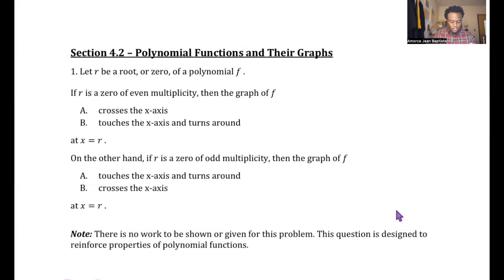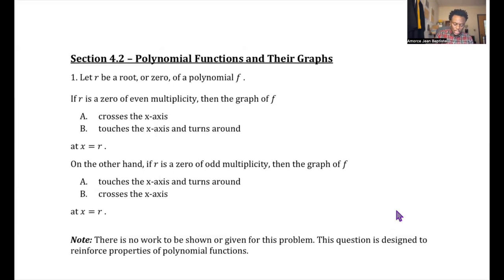All polynomial functions. Again, a polynomial function in general form of degree n can be written as f of x equals, if I call a sub n the coefficient of x to the power n, that's the number that is the coefficient of the leading power of the variable, which will be called the leading term.